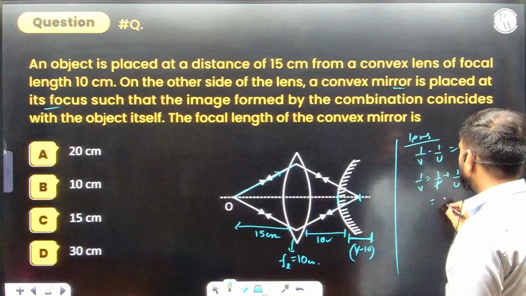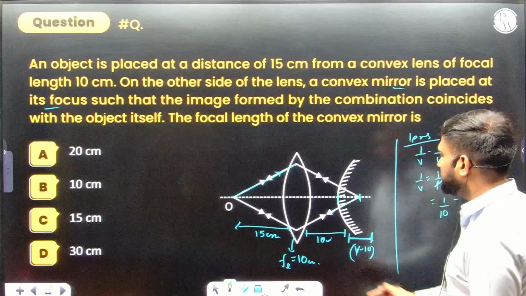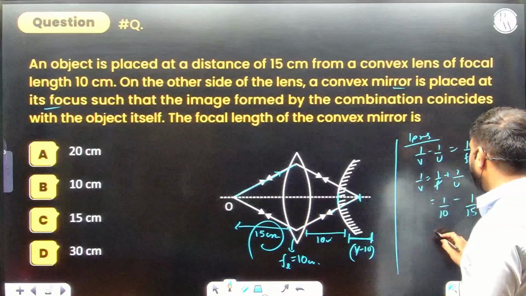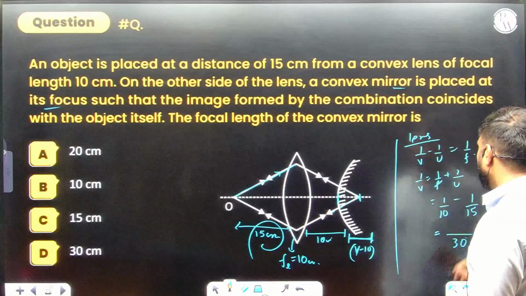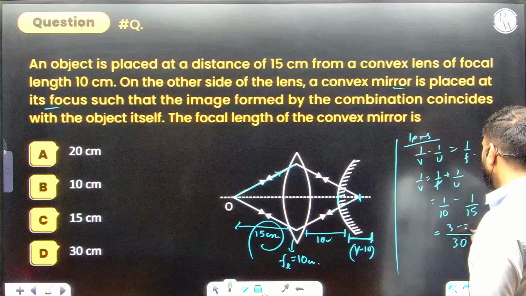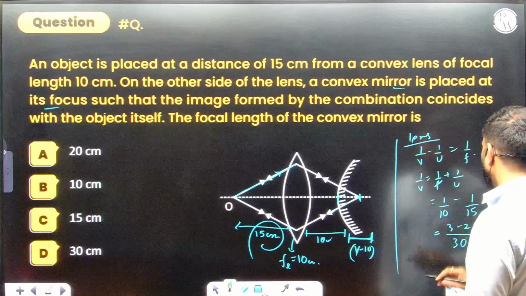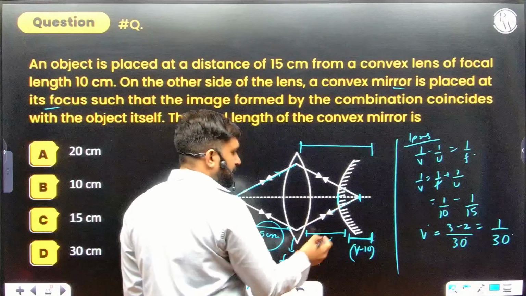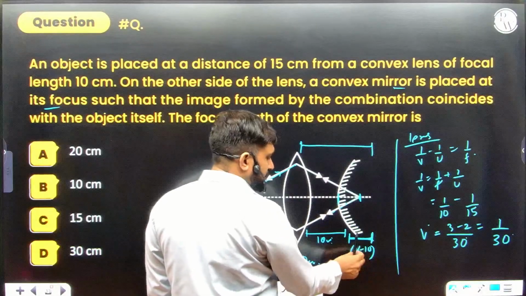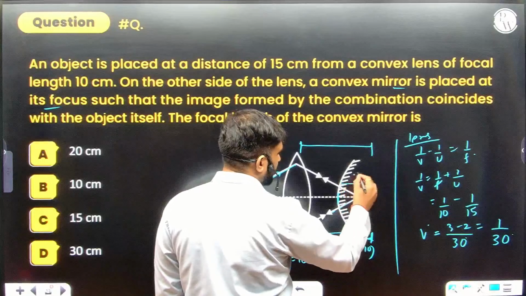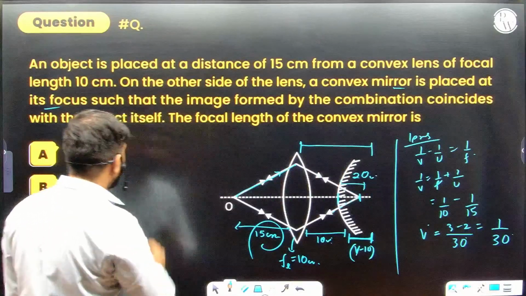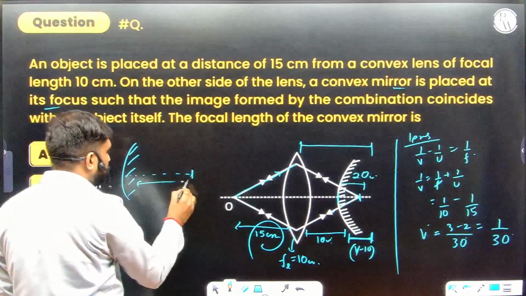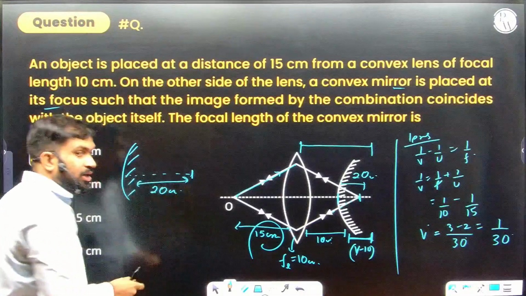Focal length of the lens is 10, so 1 by 10, and the object distance is minus 15. Remember to keep the sign. So minus 1 by 15. Take the LCM, 30, and it will be 3 minus 2. So v is formed at 30 from the lens. Now the mirror is at 10, so the remaining distance, v minus 10, is 20. So the intermediate image is formed 20 centimeters behind this convex mirror.